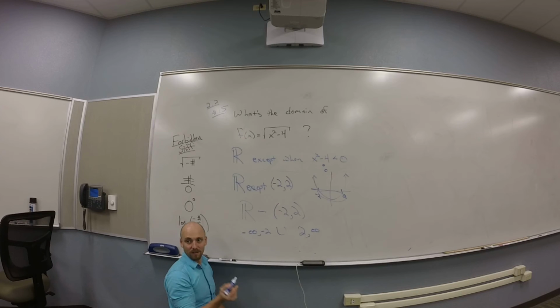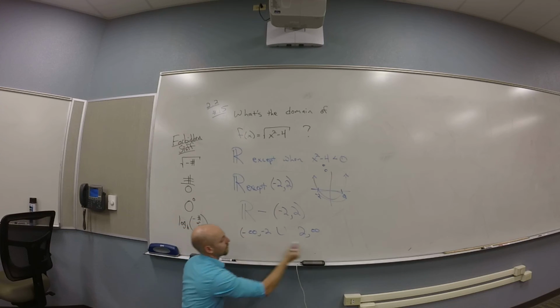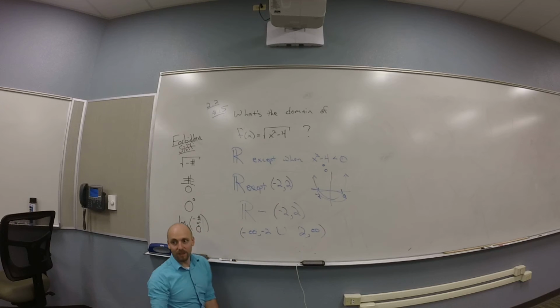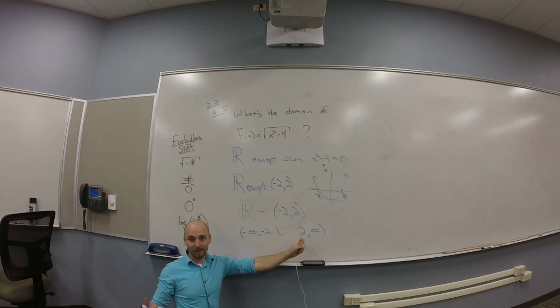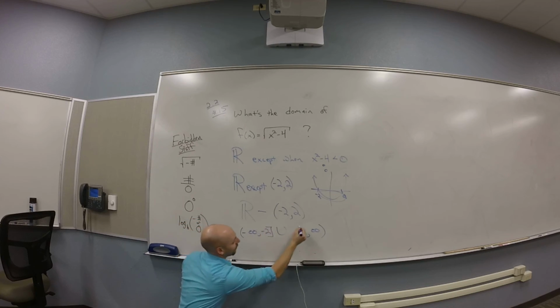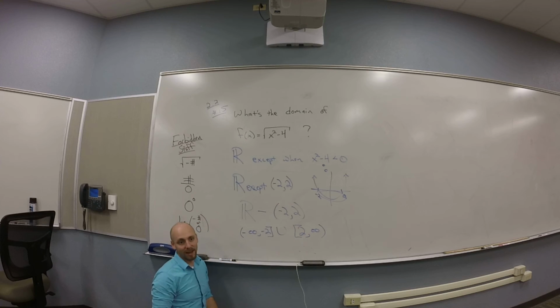Parentheses on the infinities for sure, because they're not real numbers, so you can't include them. That wouldn't make any sense. But then the bracket on negative 2, and then these two guys work, right? So those get brackets. Those are included because they're in the domain.